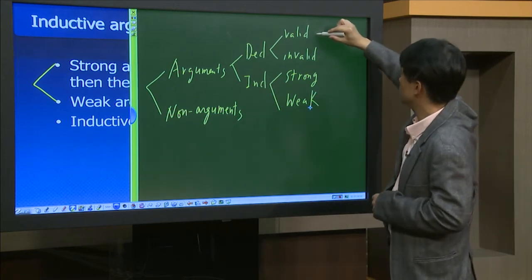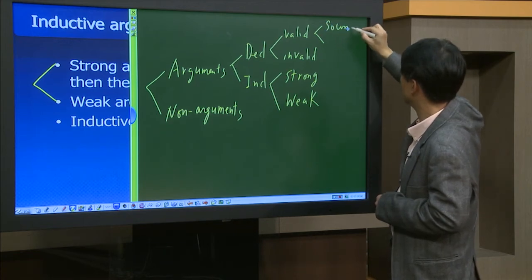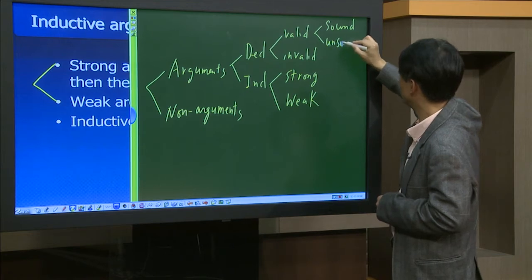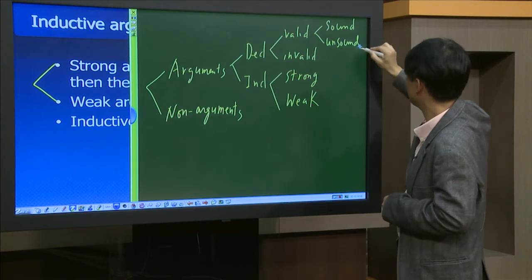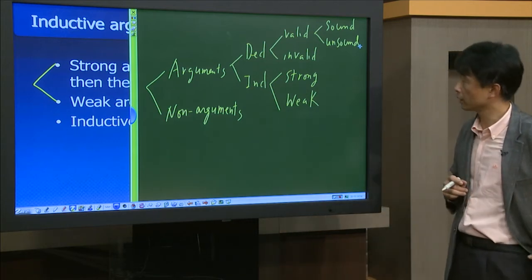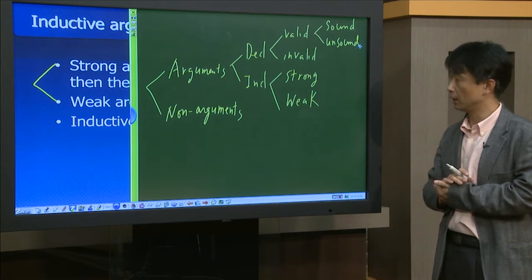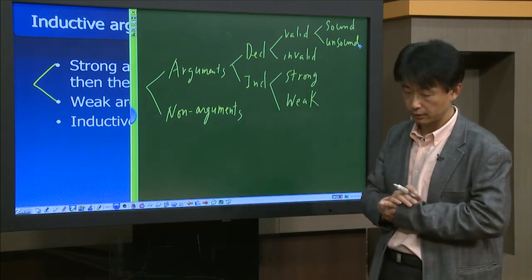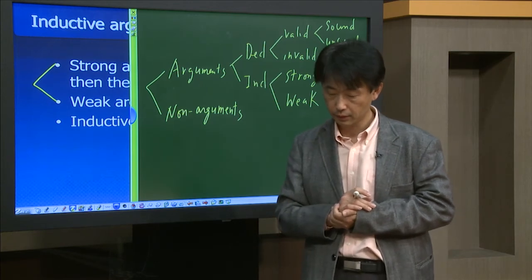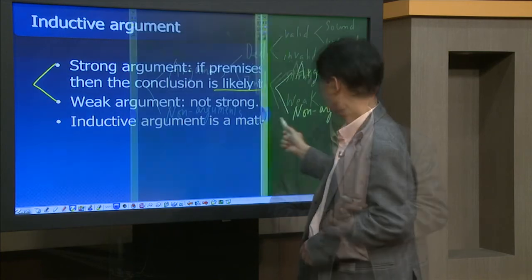And some valid arguments are sound and others are unsound. So this diagram sums up what has gone so far, and I hope this helps you to remember the overall view of things here.